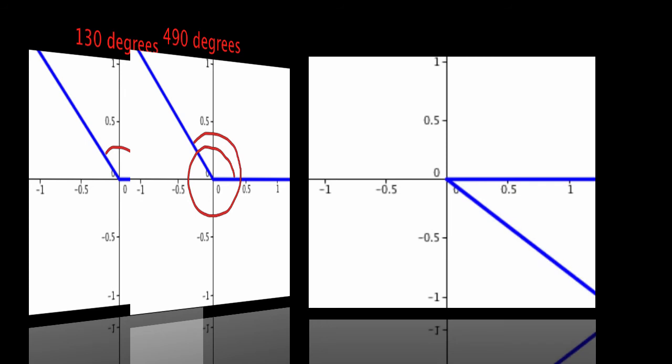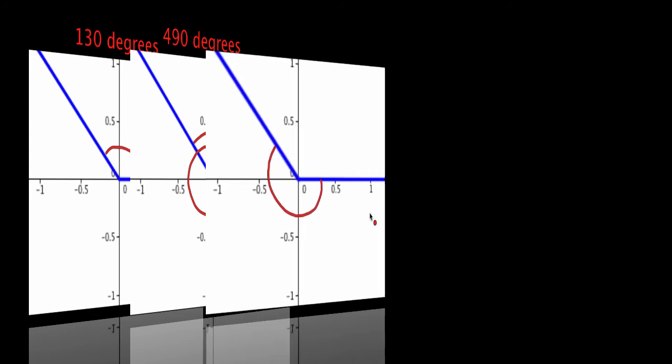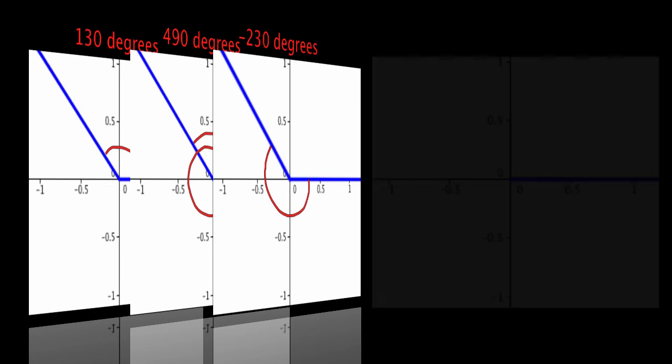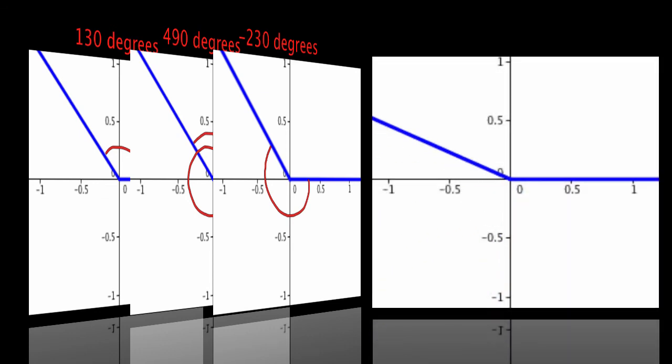Just like with the shopping cart example, we can also go in the negative direction, as you'll see in these next two examples. In the first one, we can subtract 360 from our original measurement of 130 to get negative 230 degrees. And in the final example, we go a full revolution in the negative direction before landing in our original position.